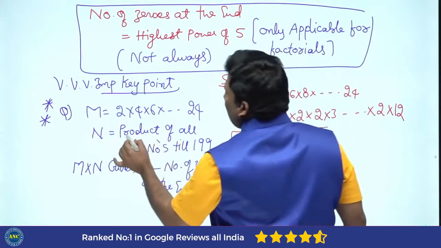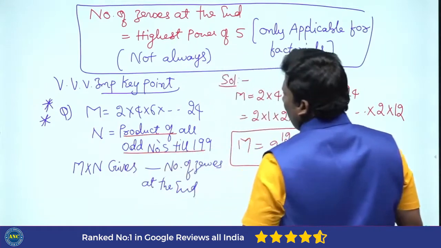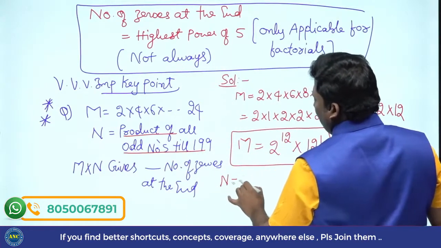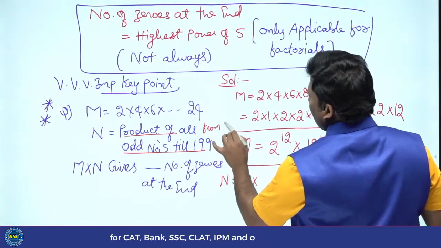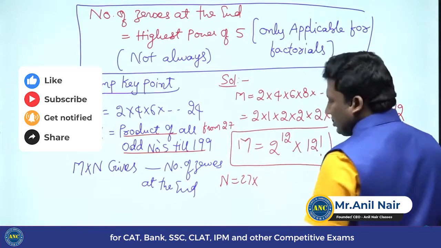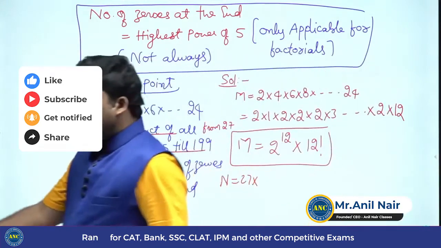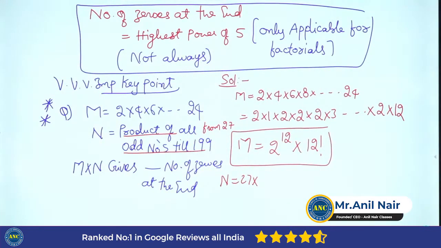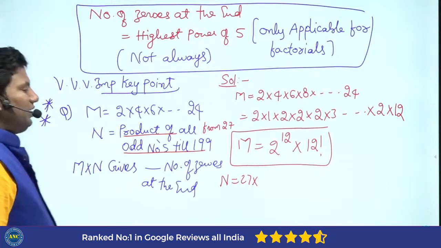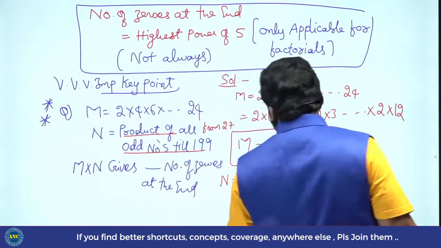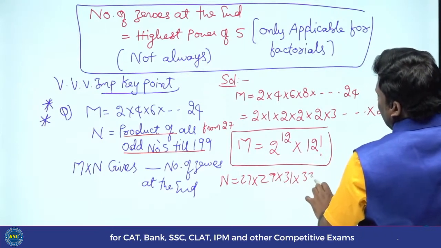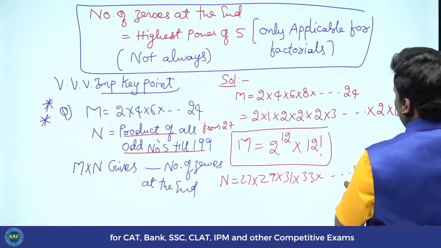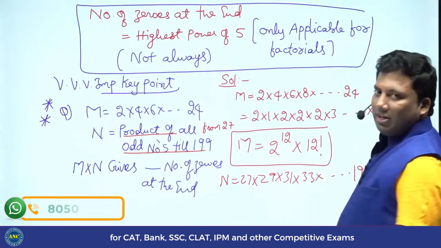Now, the product of all odd numbers till 199. So N will be from 27 till 199. Please write down, sir. Product of all odd numbers from 27 till 199: 27, 29, 31, 33 till 199.